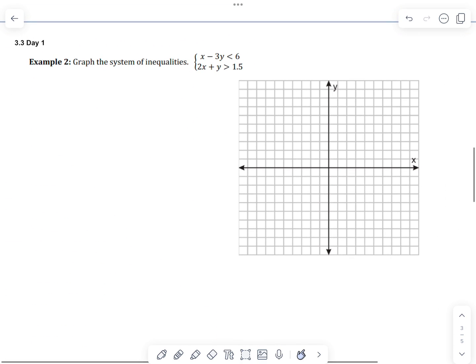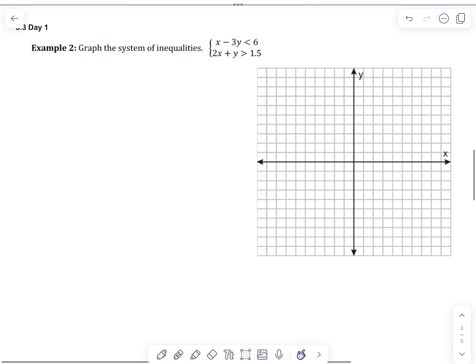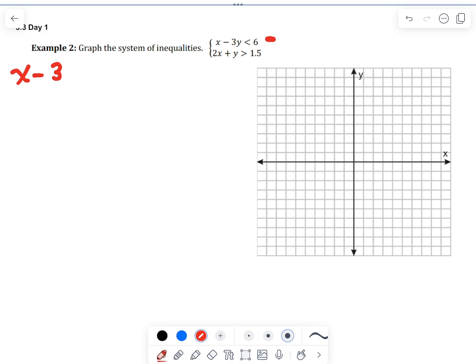All right, second example. We're going to start with this top inequality. It's not in slope-intercept form, so we have to convert it. We're going to subtract x from both sides.